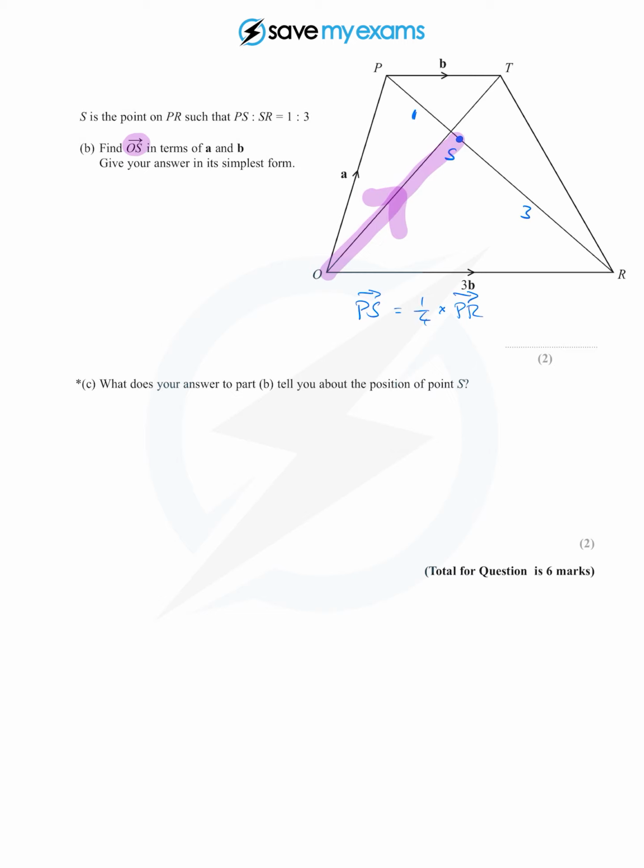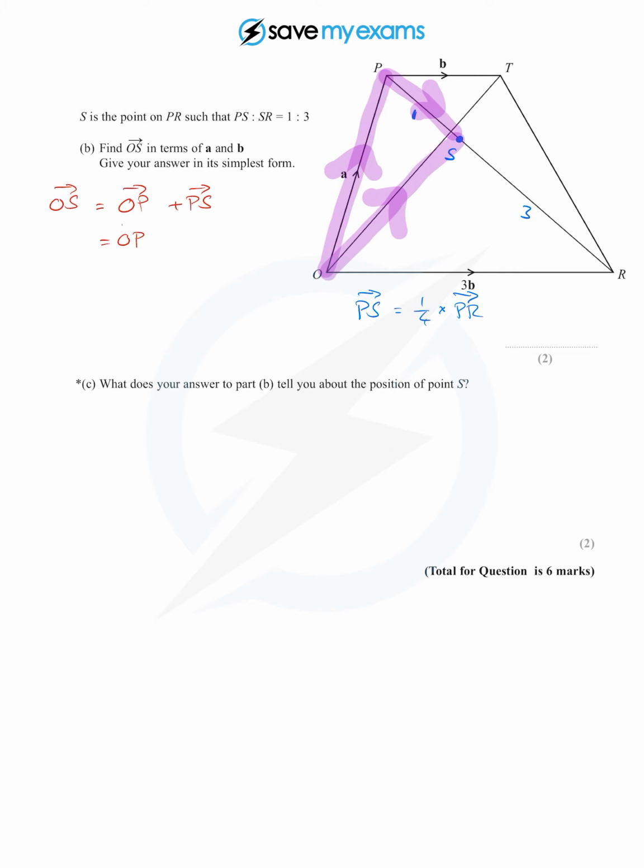Well, how do I do that? Well, I think I'm going to go from O to P, and then because I've just found PR, I can go from P to S and use the fact that PS is a quarter of PR. So what do we get? Well, O to S is therefore O to P plus P to S, as we've just discussed on the diagram.